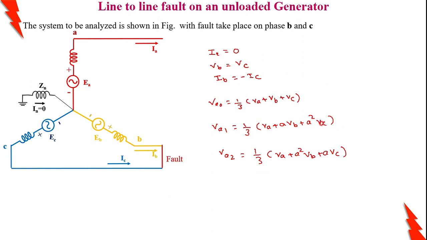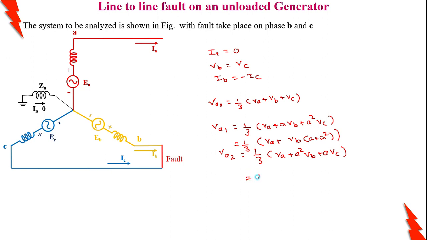Replacing VC by VB, VA1 is 1 by 3 (VA plus VB (A plus A square)), with the second bracket completed.